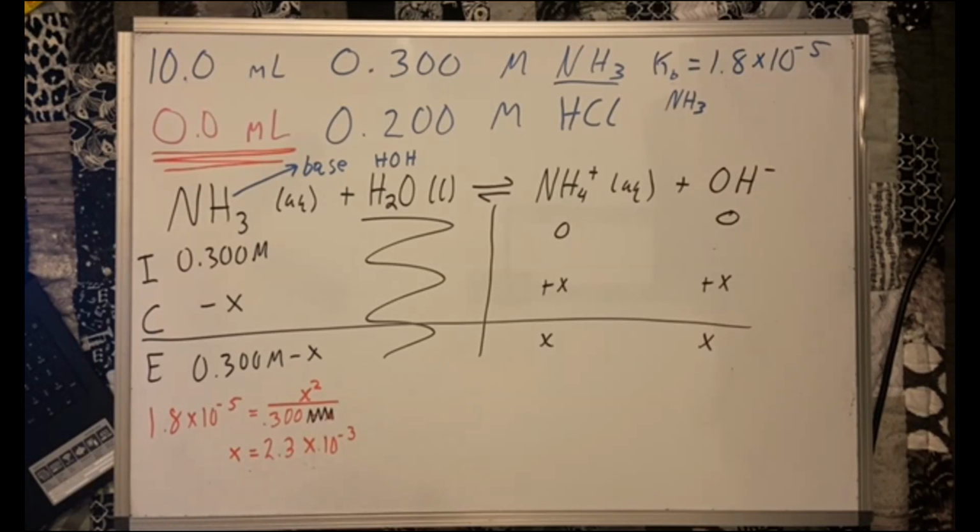Okay. Now we have this, remembering that what I need to do now is check to make sure my x is small assumption is right. So I take 2.3 times 10 to the -3 over my initial amount, 0.300, times 100.